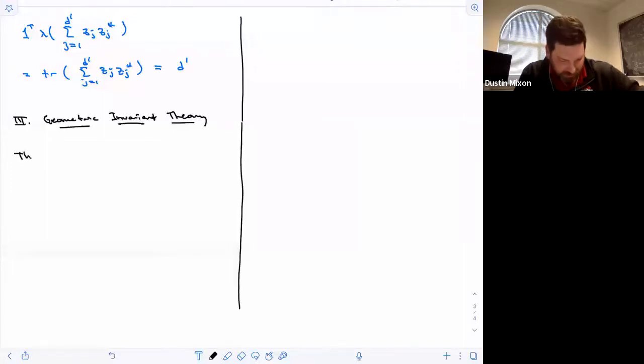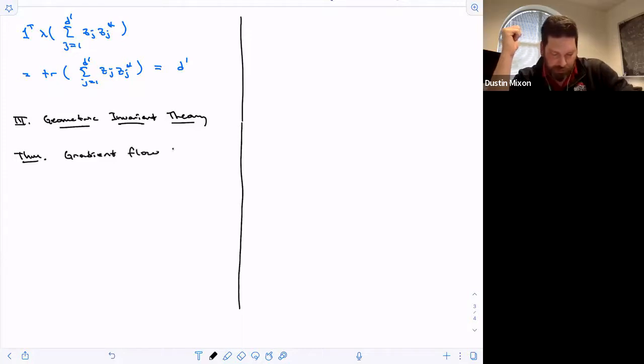So first, I guess I'll motivate why this comes into play. Here we prove the following. You look at the gradient flow ordinary differential equation.